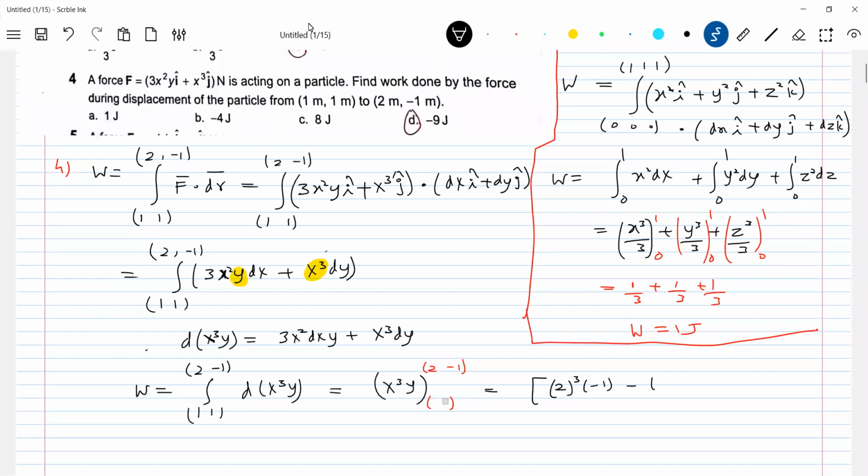I'll give color to the limits so it'll be easy for you. Then substitute the lower limit. The value of x is 1, no? 1 cube. The value of y is minus 1.